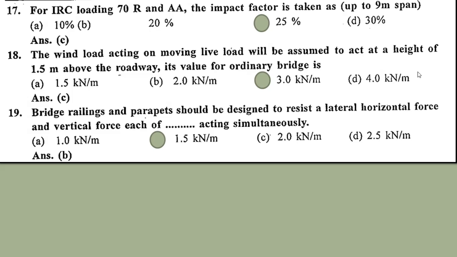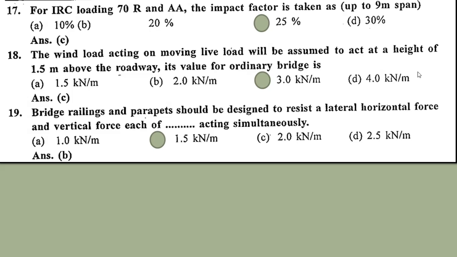For an ordinary bridge, we assume that the wind load acting on the moving live load is 3 kN per meter. Now, bridge railings and parapets should be designed to resist a lateral horizontal force and a vertical force, each of 1.5 kN per meter, acting simultaneously.